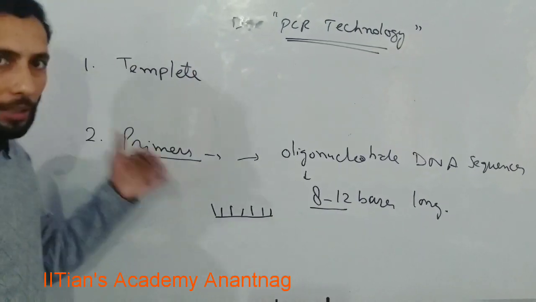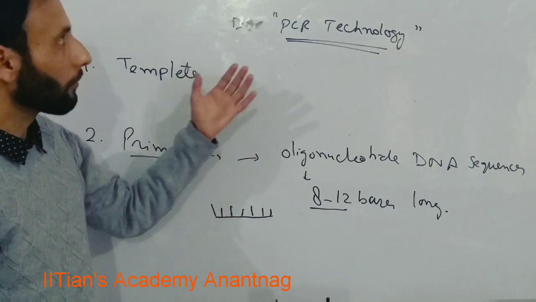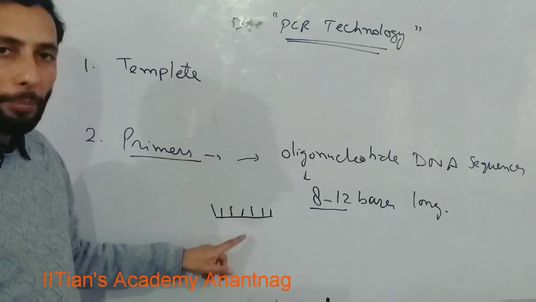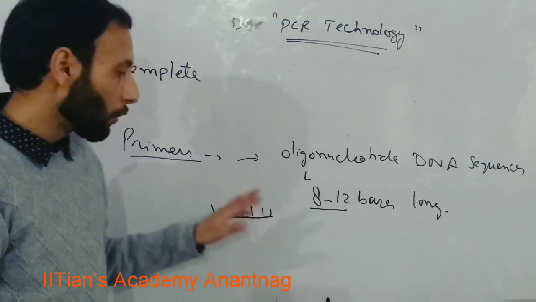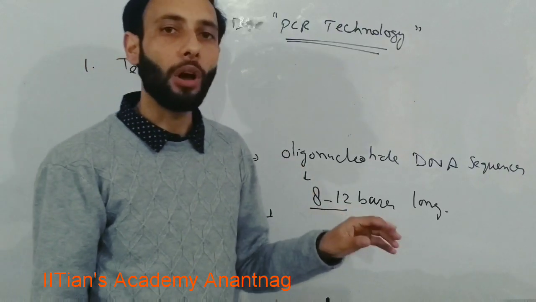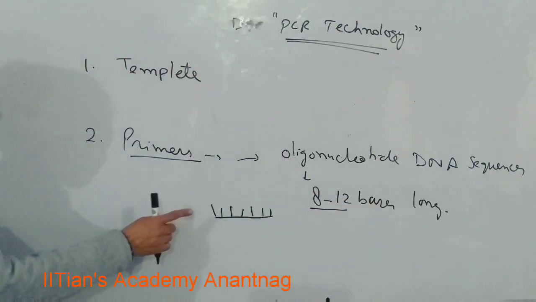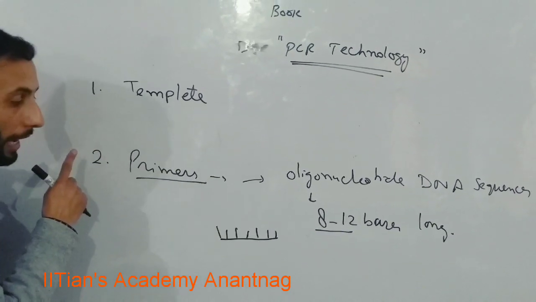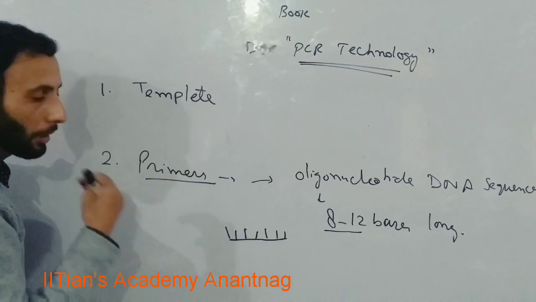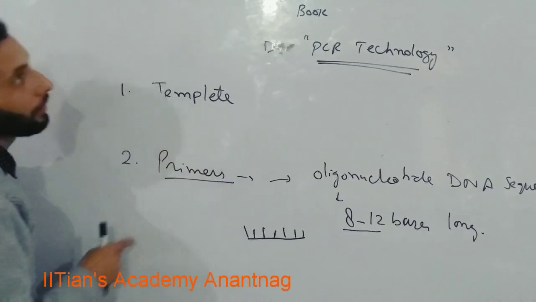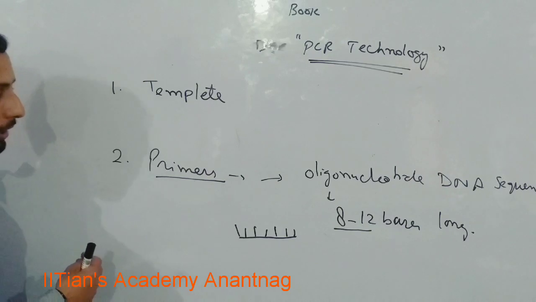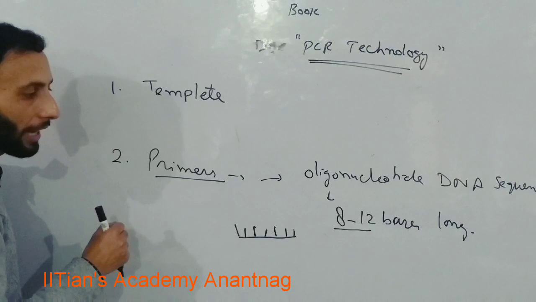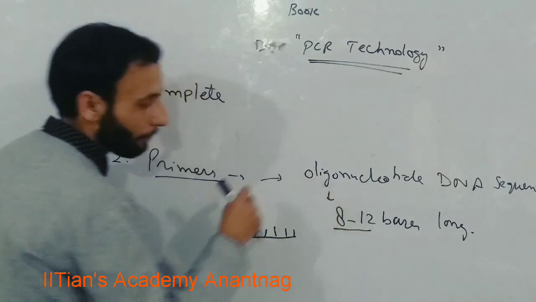You know that in DNA replication, DNA polymerase will add nucleotides only to an already present primer. Naturally, it is an RNA molecule which serves as the primer in natural DNA replication. But in PCR, the primers which we add are single-stranded DNA molecules, 8 to 12 bases long.